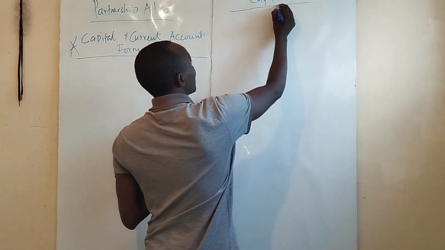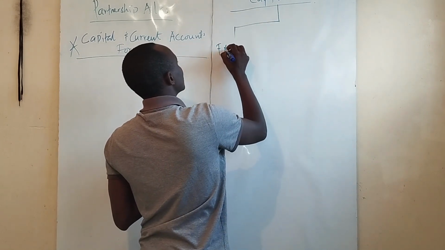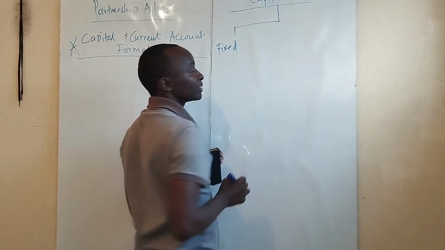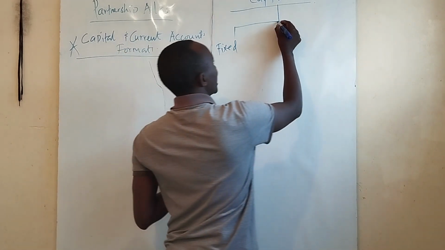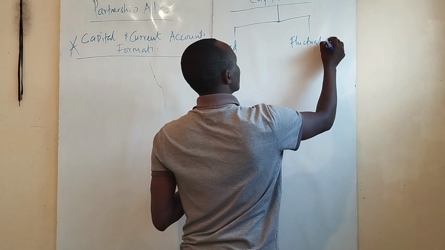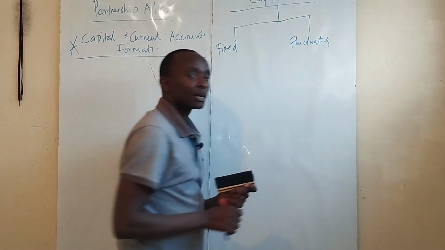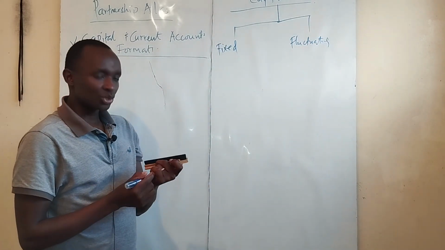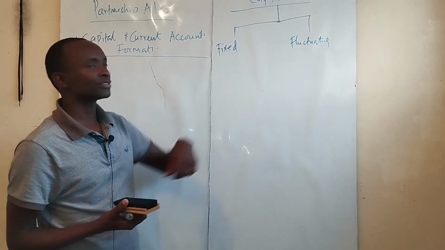Number one is the fixed capital account and the fluctuating capital account. So what does it mean when you hear something is fixed?